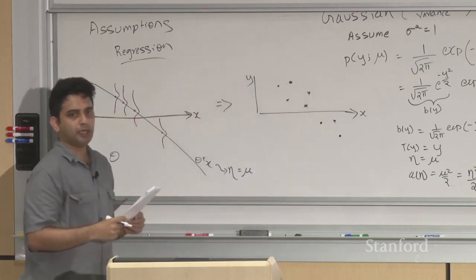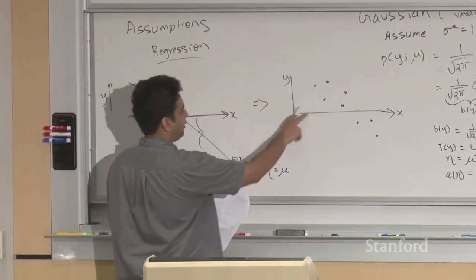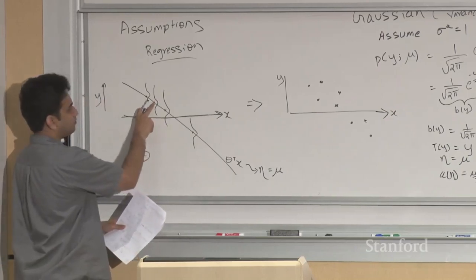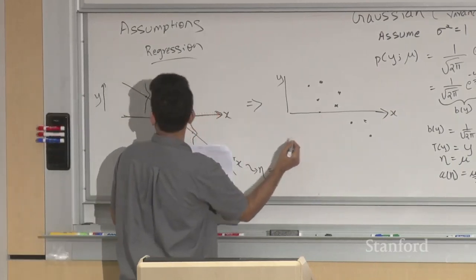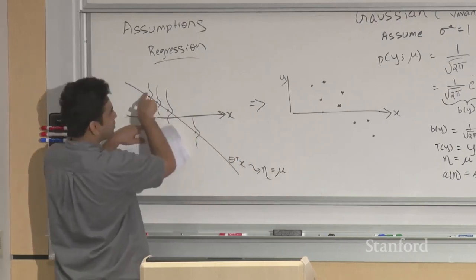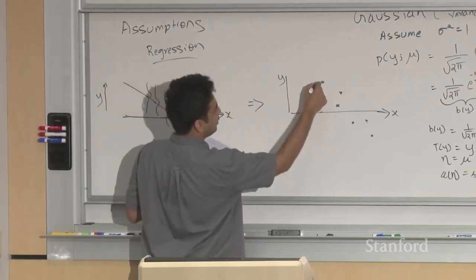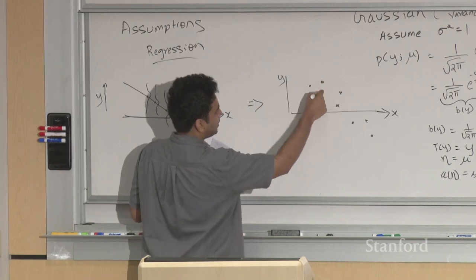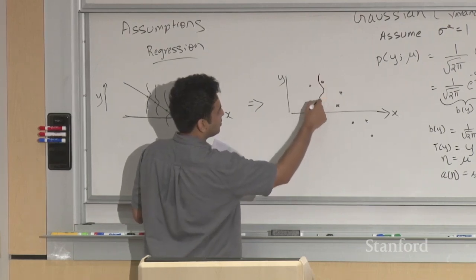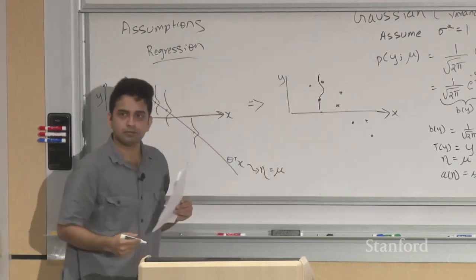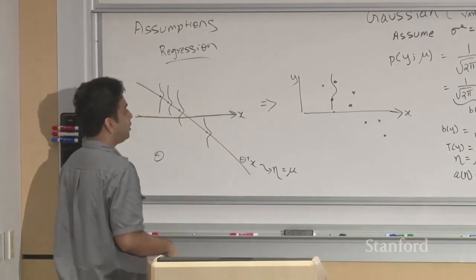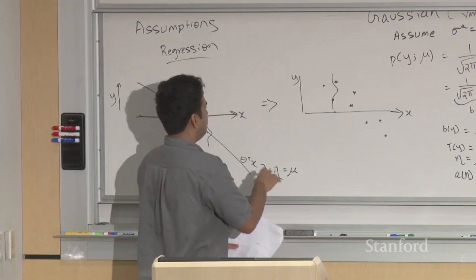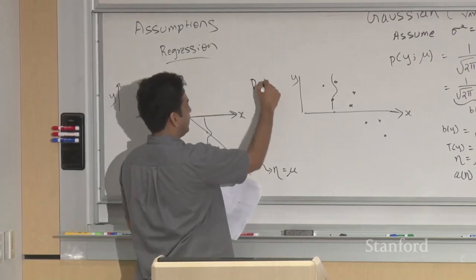The assumption here is that for every x, for this particular value of x, there was a Gaussian distribution that started with a mean over here, and from this Gaussian distribution, this value was sampled. You're just sampling it from that distribution. This is how your data is generated. Again, this is our assumption.